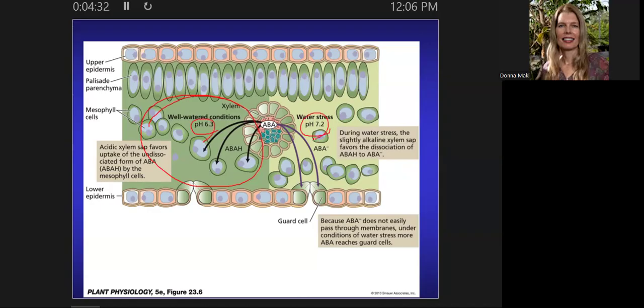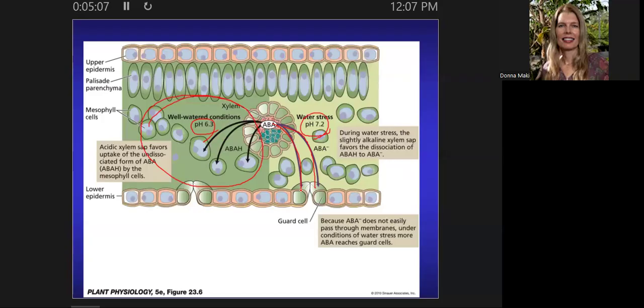And that little shift allows for more abscisic acid to get routed to the guard cells. They're less likely to be taken up by any of the spongy mesophyll. And so it's just this little pH shift that allows abscisic acid to reach its destination under drought conditions. So again, a pretty simple mechanism, but in the grand scheme, there's a lot going on here, considering abscisic acid is made way down in the roots and has to get to the stomata.